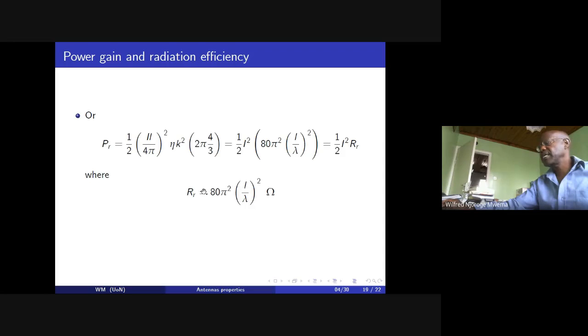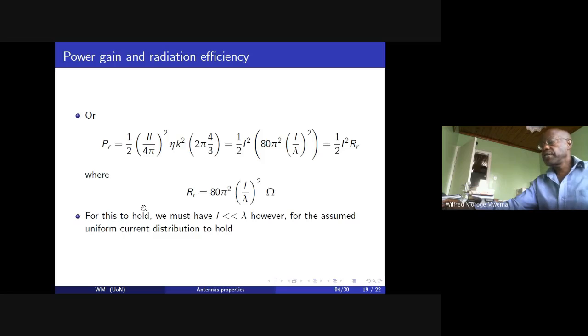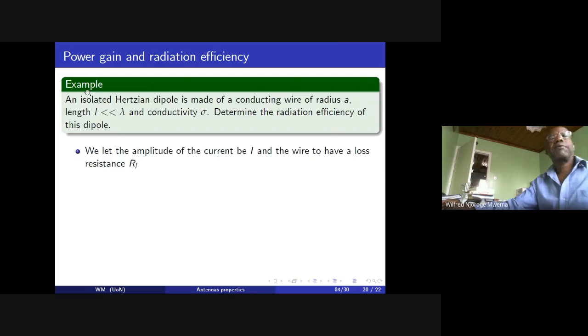And therefore, we can see its radiation resistance will be very small because L over lambda is very small. So for this to hold, we must have that L is much smaller than lambda, and also for the assumed uniform current distribution to hold. So an example: an isolated Hertzian dipole is made of a conducting wire, radius A, length L much smaller than lambda, and a conductivity sigma.